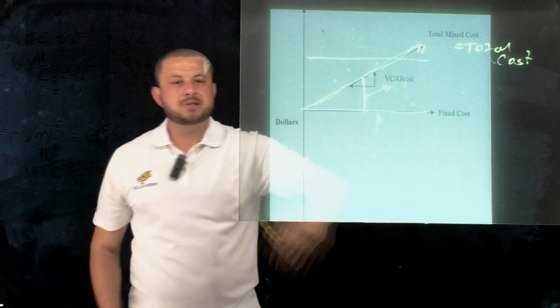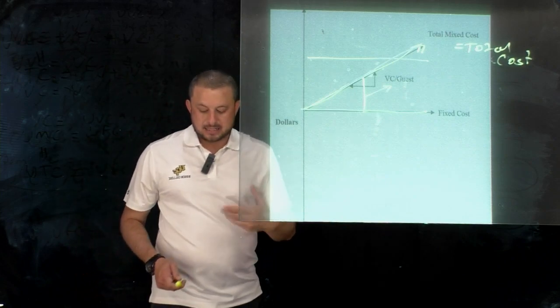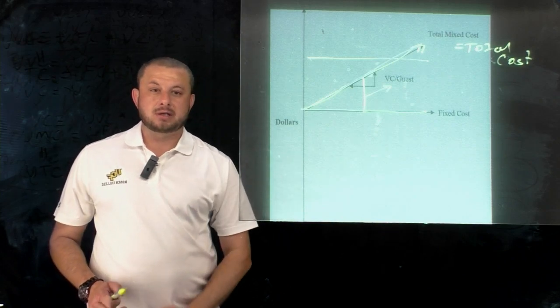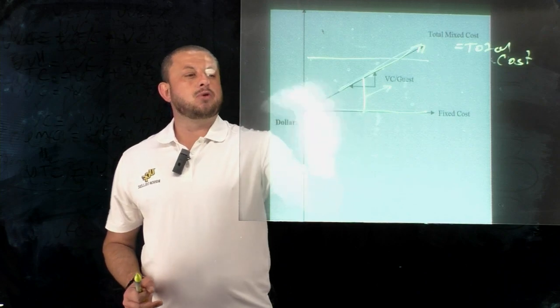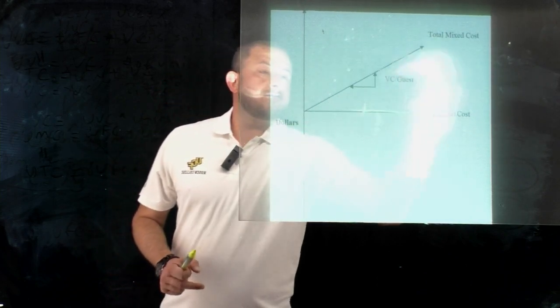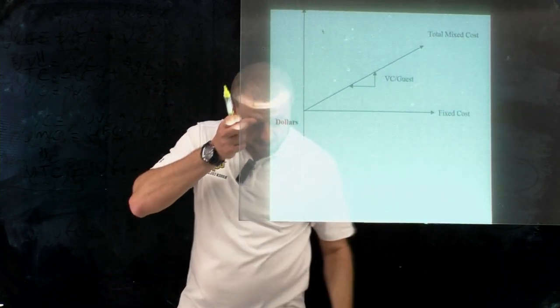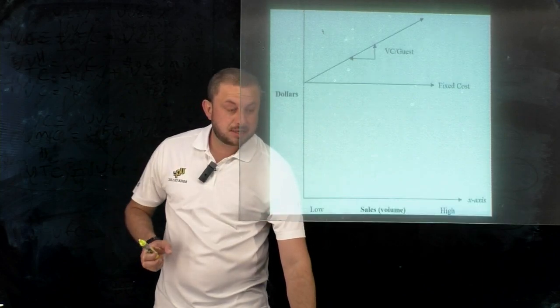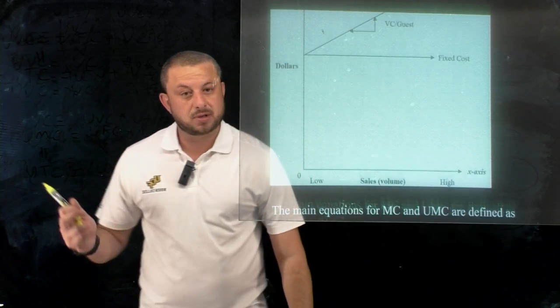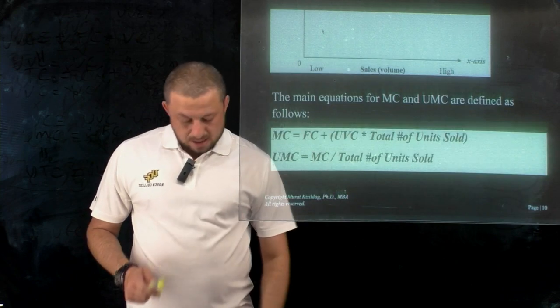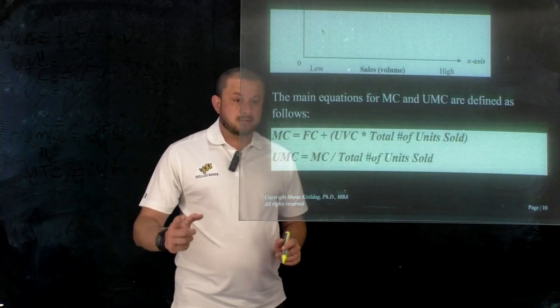So this is the representation of mixed cost, and this is the intuition behind how mixed cost is created based on the combination of FC and VC. I wanted to show you guys before I talk about the specific hospitality operation that deals with a mixed cost situation. We have the equations for the mixed cost as well, okay.